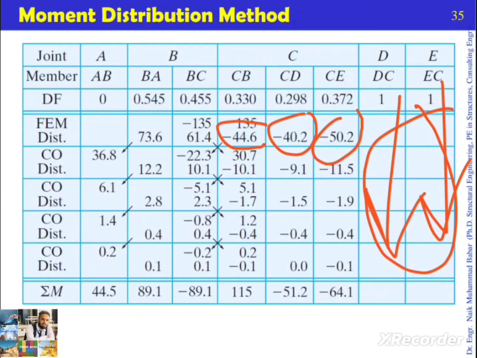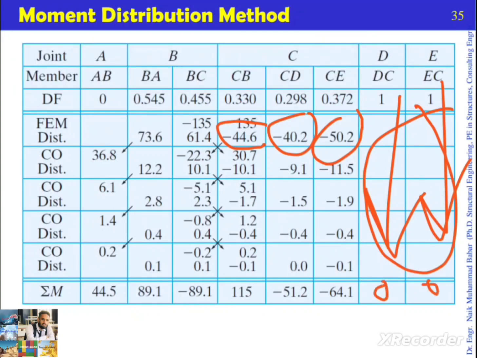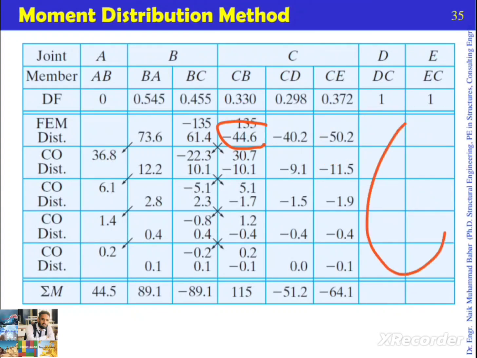Remember this, because we know that at the end the moment will be zero. So this is the second step: we calculate the fixed end moment and distribute this fixed end moment.